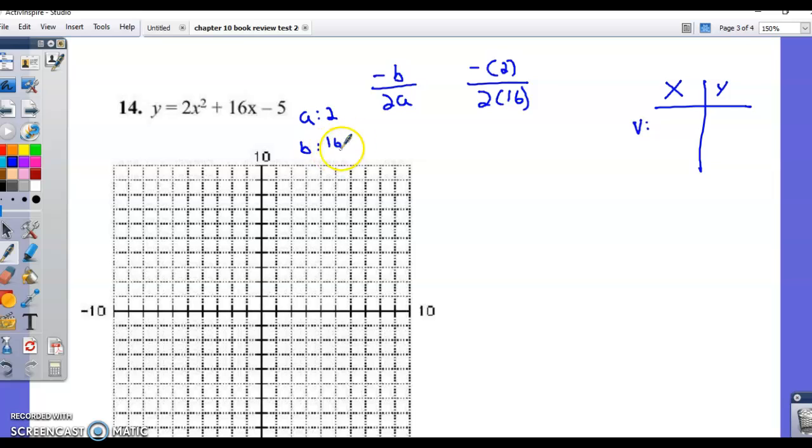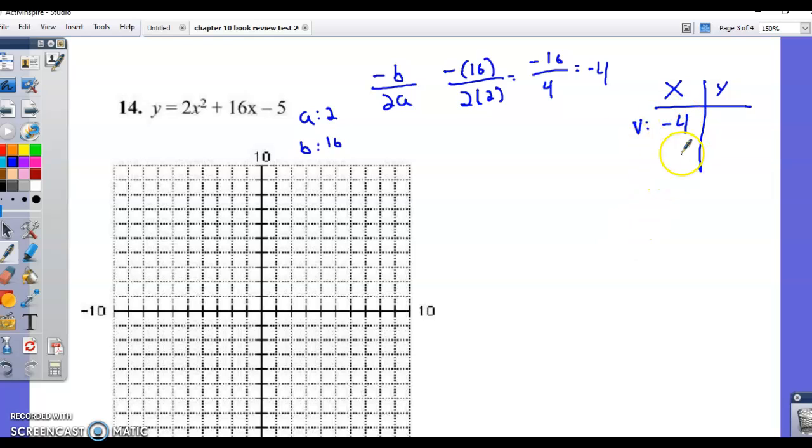Oops, I did that wrong. My b needs to go on top. Glad I caught that. So negative 16 over 2 times 2 gives us negative 16 over 4, which would be negative 4. So negative 4 is my x value.